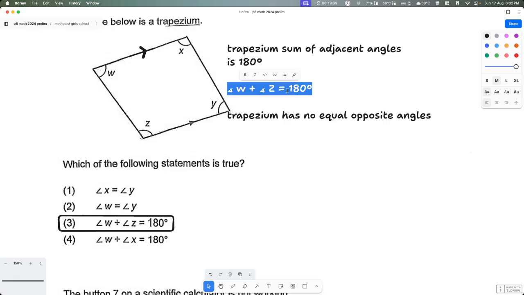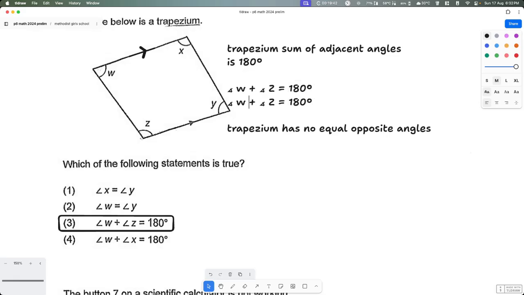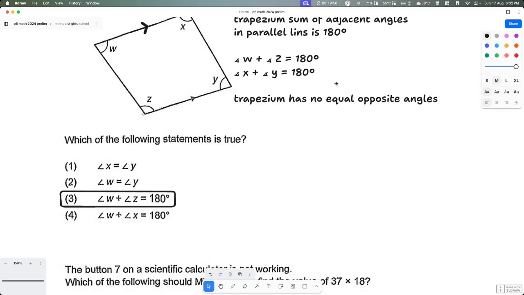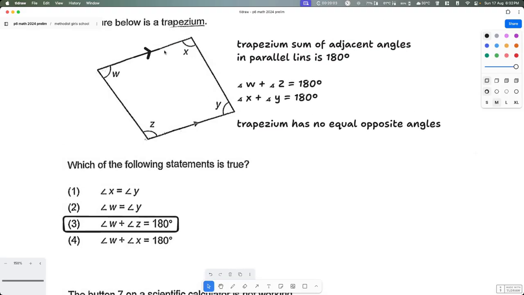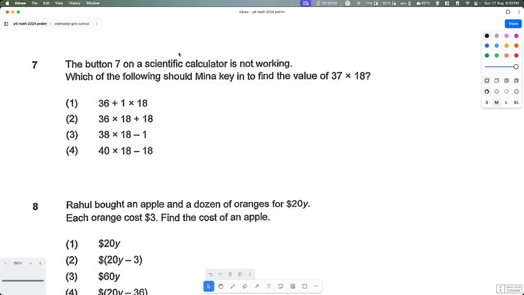And then X and Y, in this case also X plus Y. So in a trapezium, the sum of adjacent angles in parallel lines is 180. Okay, so W plus Z is 180. Alright, let's move on to question number 7.